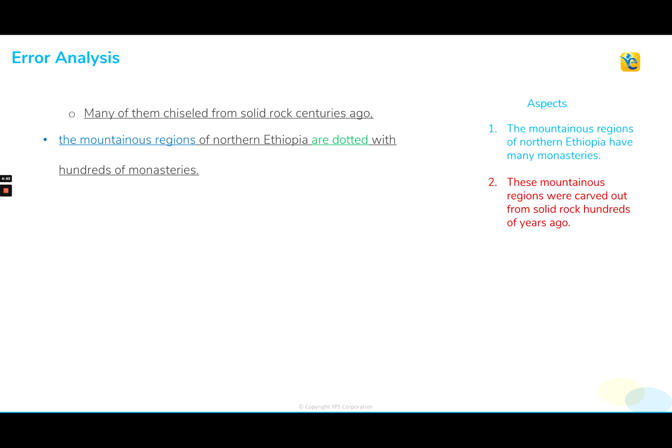Needless to say, the placement of this modifier right in the beginning of the sentence is erroneous, because of the placement of this modifier, we are getting this illogical modification. So we definitely need to rearrange the entities in the sentence in such a way that many of them chiseled could clearly associate with hundreds of monasteries, right? That is what we are looking for.